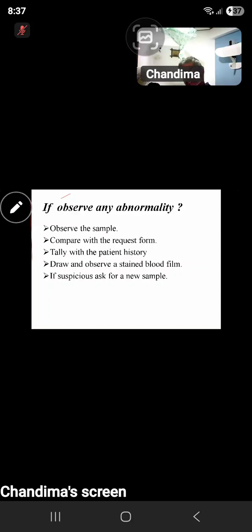All the cell parameters are going to be low, right? We can have a report of pancytopenia: WBC low, RBC low, HB low, and the platelet count also low. If it is partially hemodiluted, not fully diluted, we cannot observe it directly, but all three cell lines are going to be low.